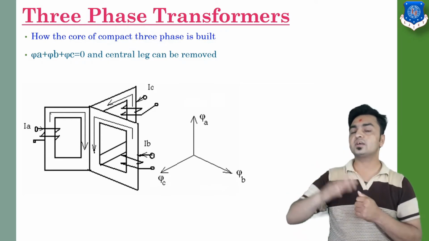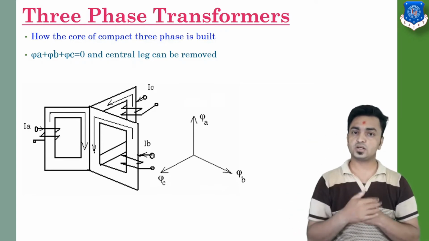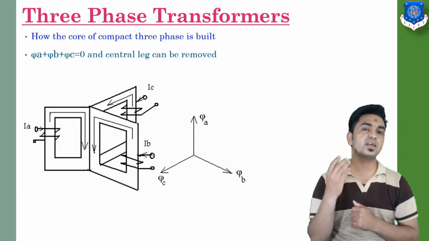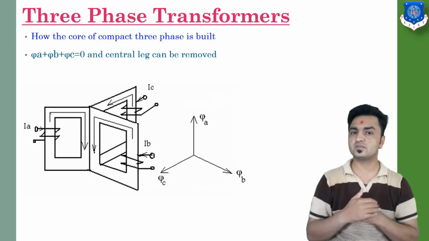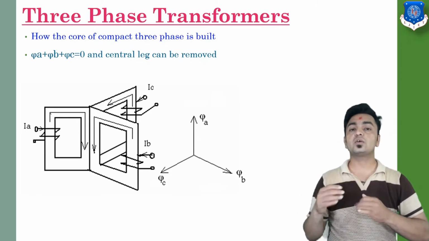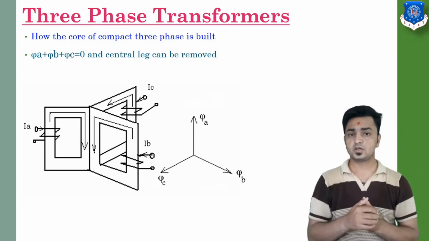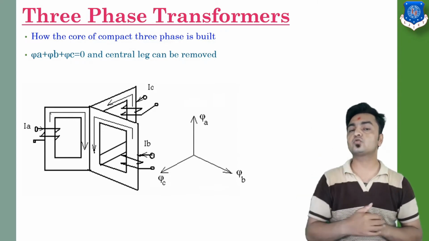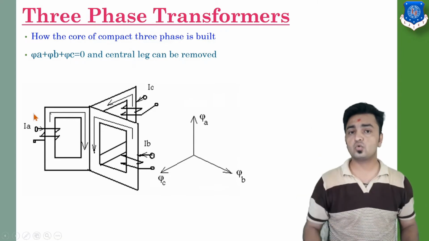VR plus VY plus VB. That was derived in our three-phase circuit, and we know that when they are in balance condition, meaning they have the same magnitude and the same angle difference, the addition of those components is going to be 0. That was mentioned here.